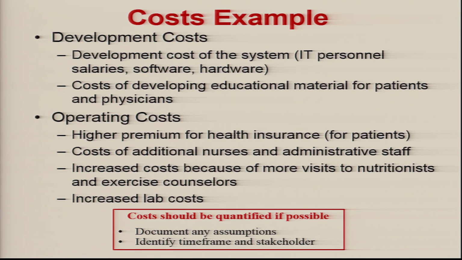So in this specific example, we'll have to identify, well, how many additional nurses do we need? What is the average salary of these nurses to be able to identify the cost of additional nursing staff? Then we have to look at whether we would need all the additional nurses during year 1, or whether, based on the number of people who enroll in this initiative, we can stage the hiring so that we can hire X number of nurses in year 1, Y number of nurses in year 2 until we reach a steady state.